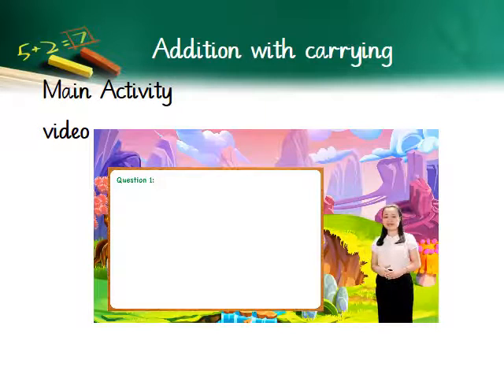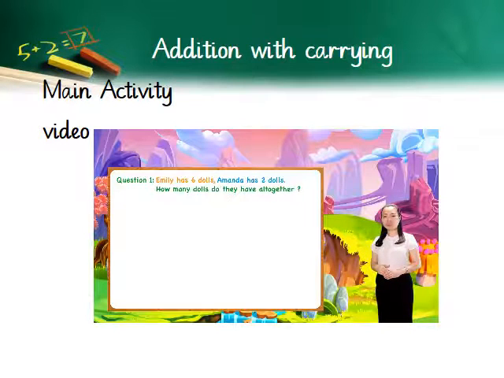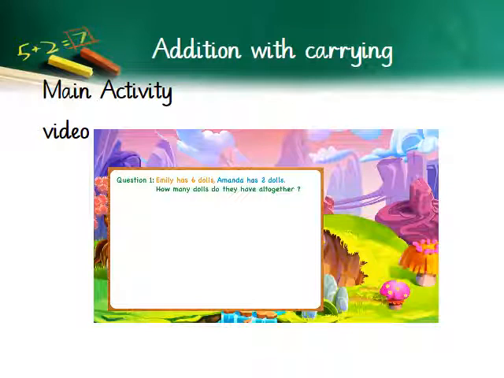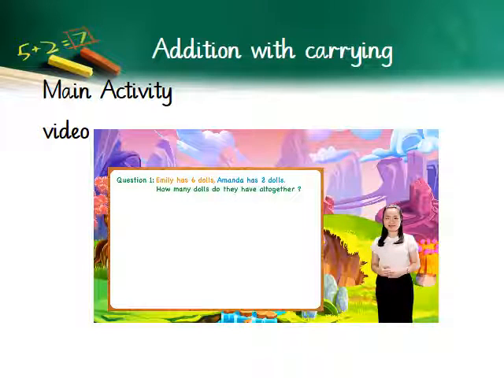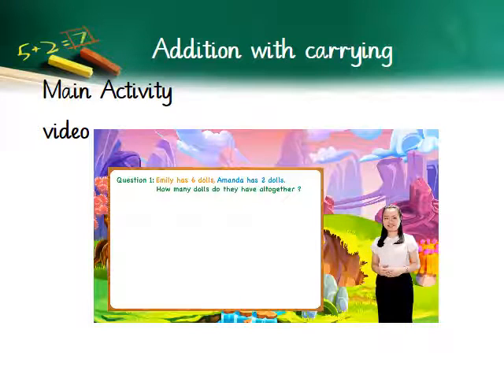Question 1. Emily has 6 dolls. Amanda has 2 dolls. How many dolls do they have altogether? I give you some time to find the answer by yourself. Let's find the answer together.